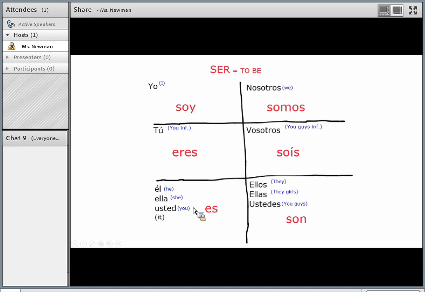Ella es, she is. Usted es, you are. Nosotros somos, we are. Vosotros sois, you guys are. Ellos son, they are. Ellas son, they are. Ustedes son, you guys are.